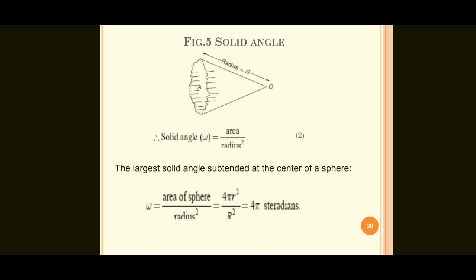So now you see this one. The angle subtended at a point in the space by an area. The angle enclosed in the volume formed by numerous lines.